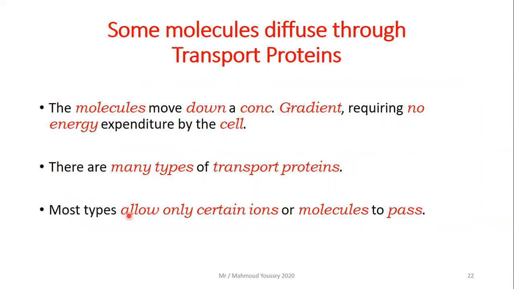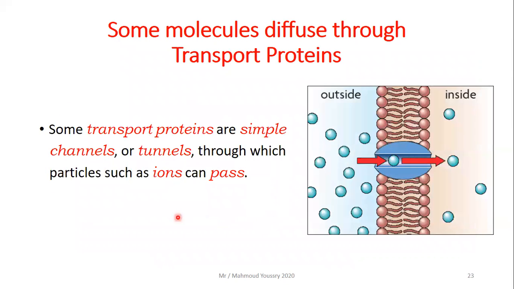Most types allow only certain ions or molecules to pass. Some transport proteins are simple channels or tunnels through which particles such as ions can pass.